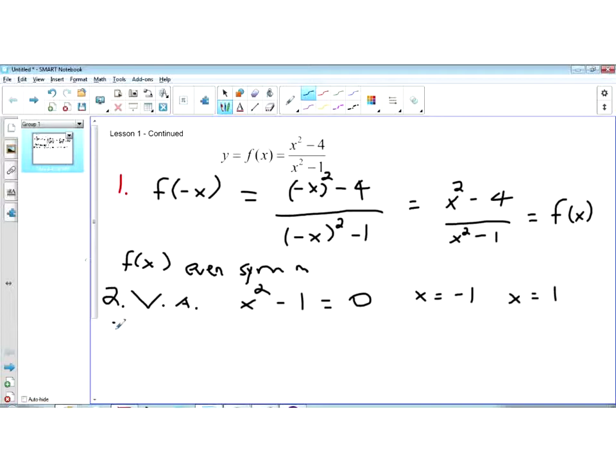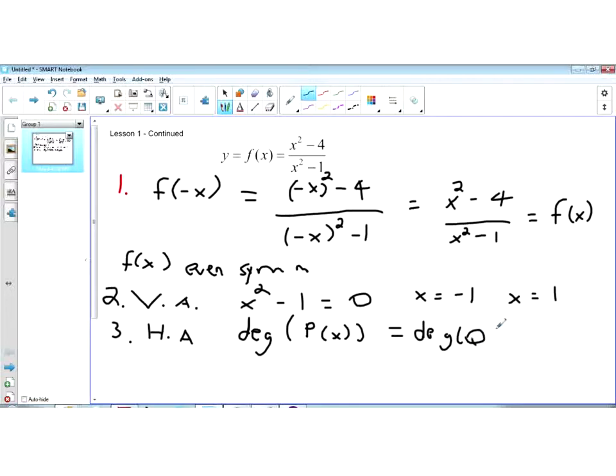Horizontal asymptotes, what about them? Do we have any? We most certainly do. And why is that? Because the degree of p of x is what? Looks to me like it's 2. And that also happens to be the degree of q of x, which is 2.